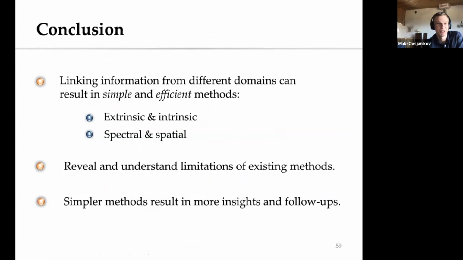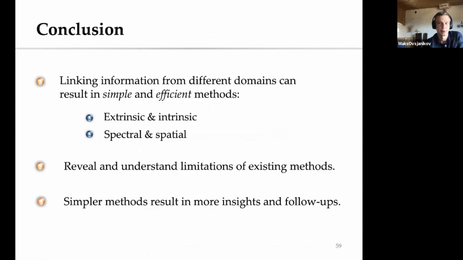My hope and my goal for this talk was just to share some simple insights that we had. Something interesting emerges from this, which is that creating links across different domains can often result in simple and efficient methods.